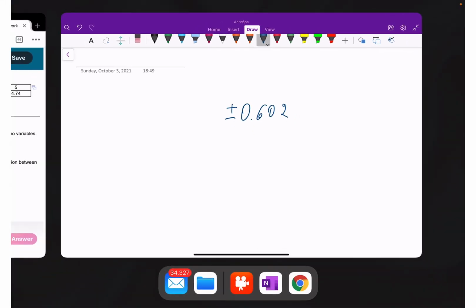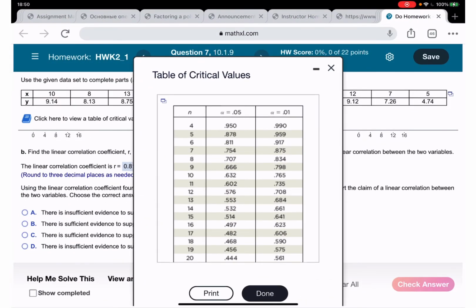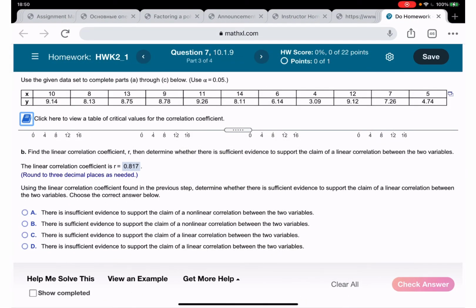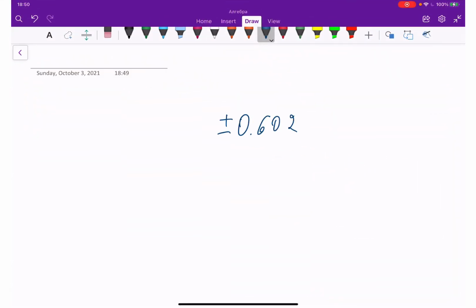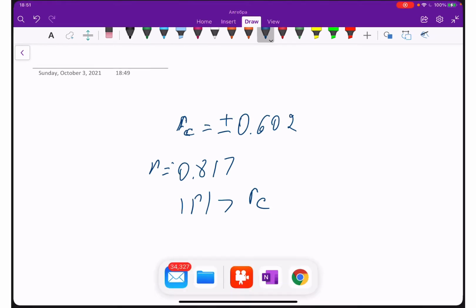And how much is our linear correlation coefficient? 0.817. So our R is greater than our critical value, R critical. That means there is correlation, right?